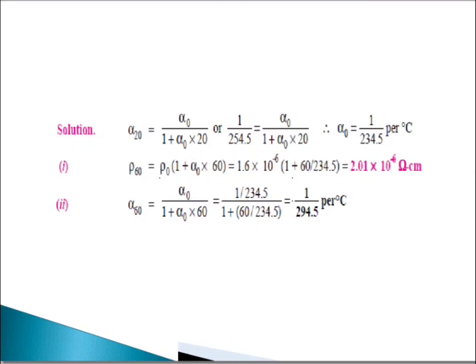Therefore, alpha 0 is equal to 1 upon 234.5 per degree Celsius.